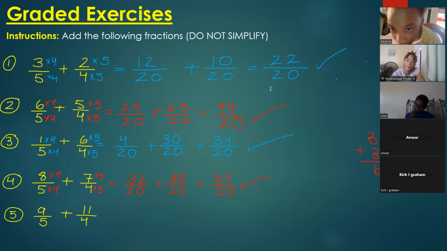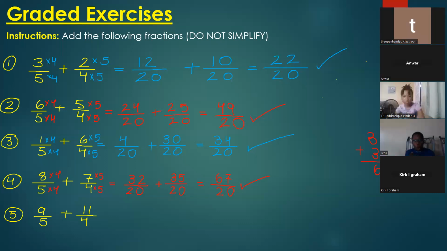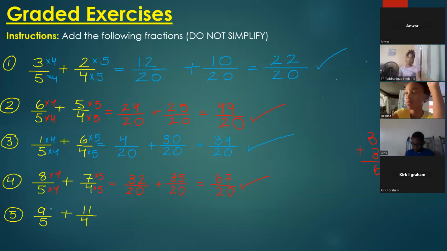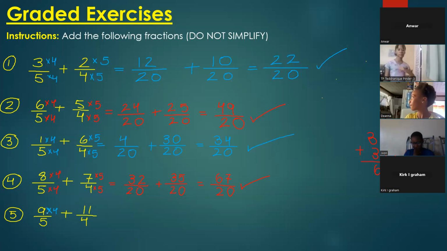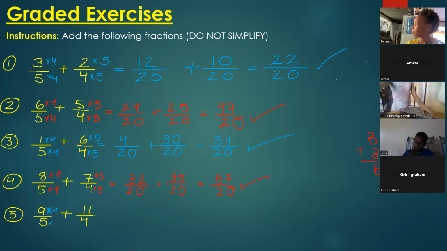All right, let's move on to the last question before we go. Ariana, help me with the last question, please. So, I'm going to put 9 times 4 and 5 times 4.